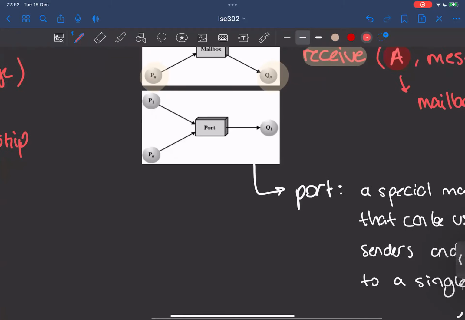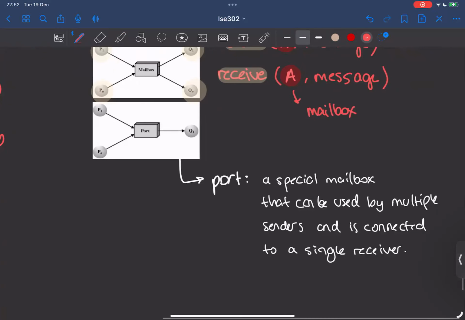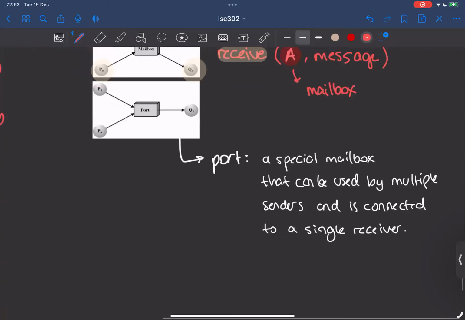So a significant use of ports is seen in client-server architectures. In this case, a port is linked to the receiver, which is usually a server. Okay, and also in client-server applications, the message to the shared port can then be sent by multiple senders.